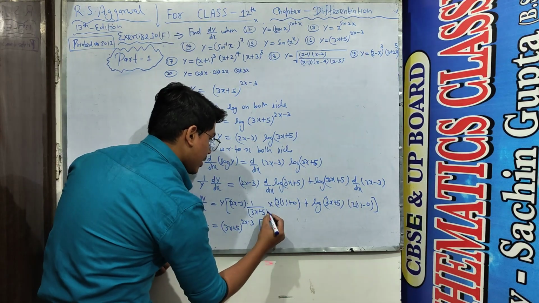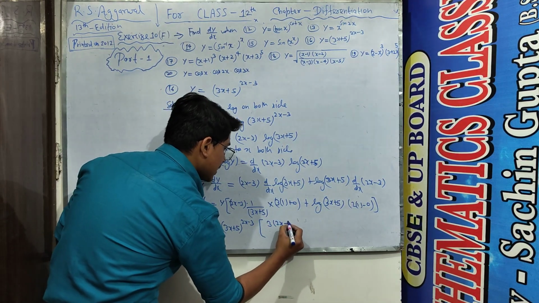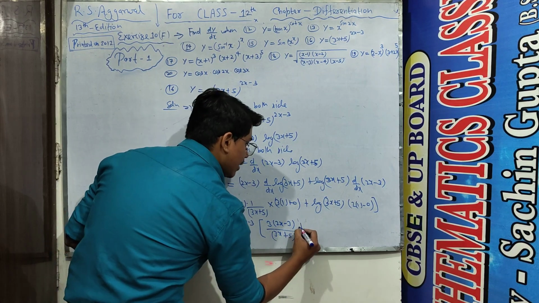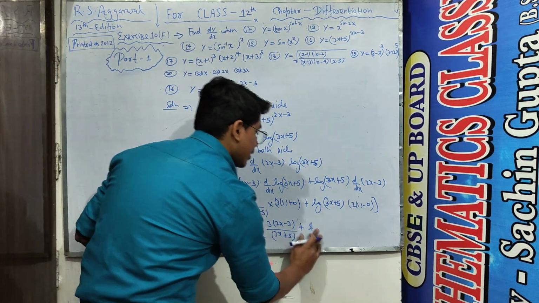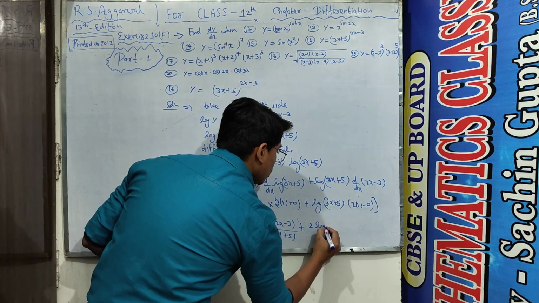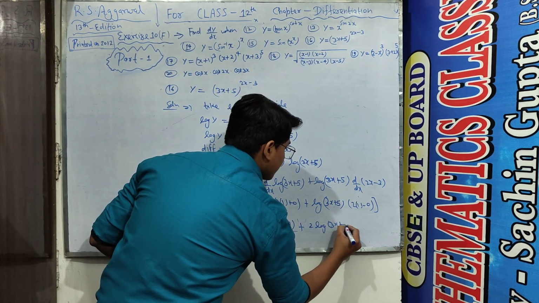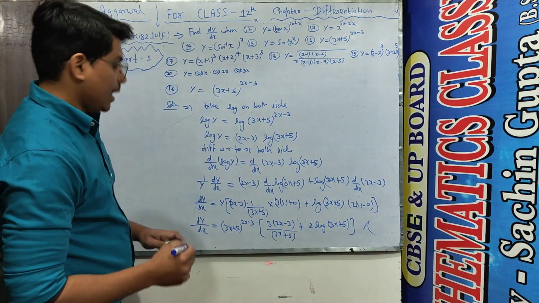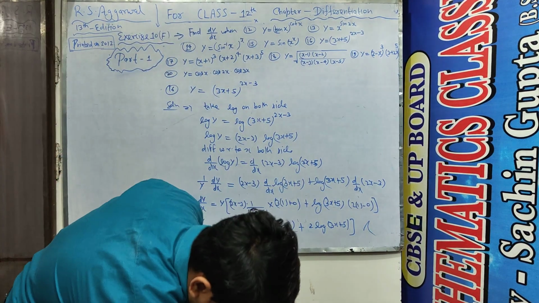This becomes, student, 3 times (2x minus 3) whole divided by (3x plus 5), plus 2 log (3x plus 5). This is our answer of question number 16, student. You can match.